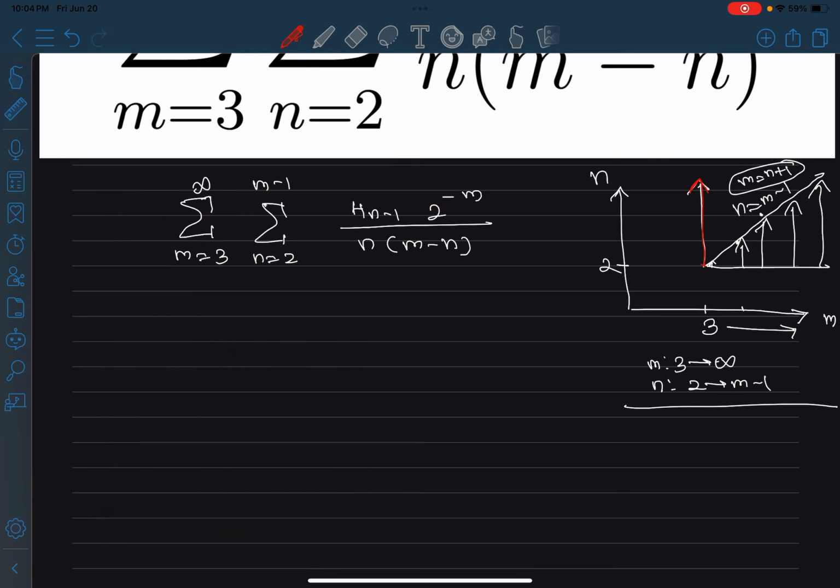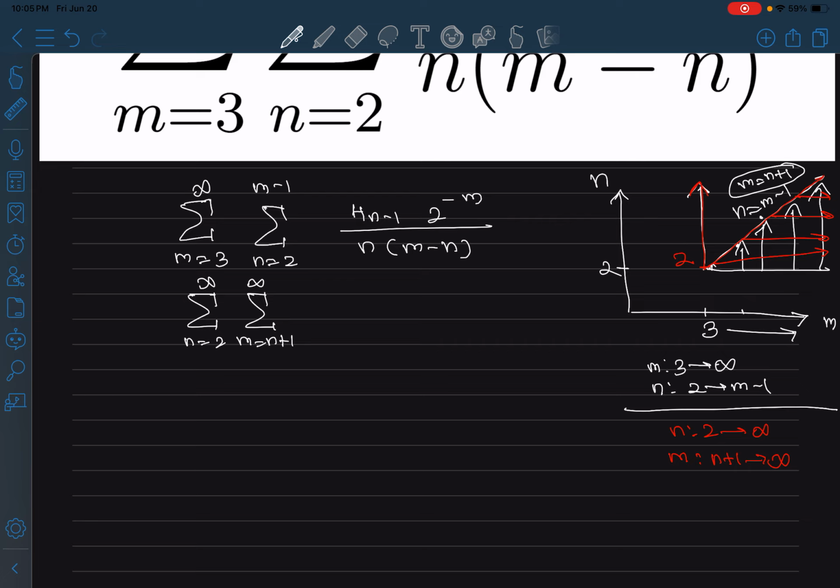So n goes from 2 to infinity, and m goes from n plus 1 to infinity. Is that right? Yeah, that seems to be correct.